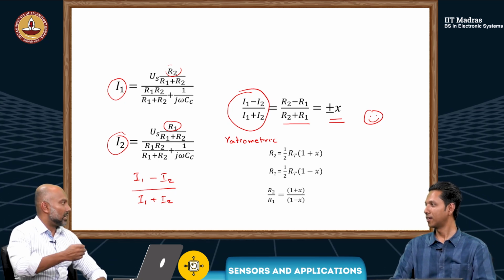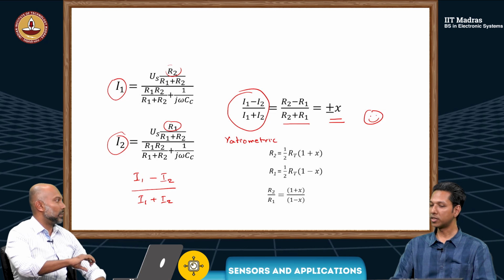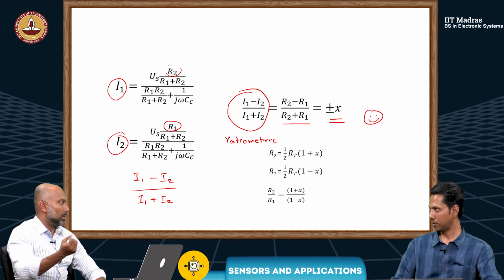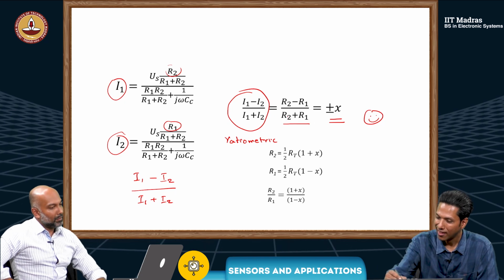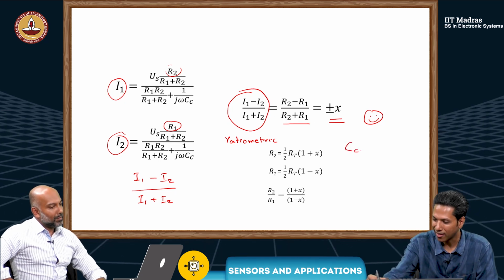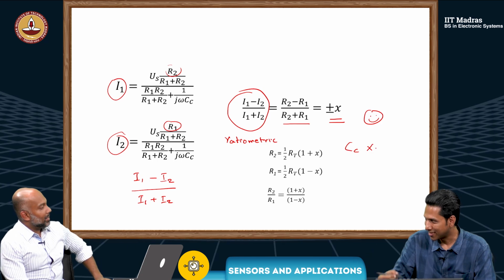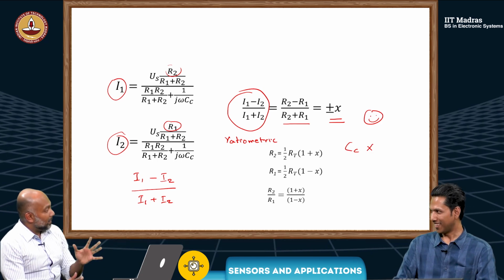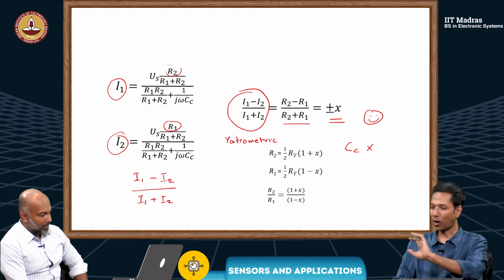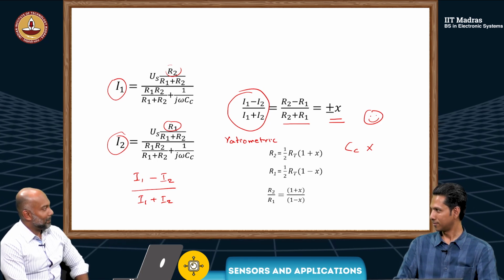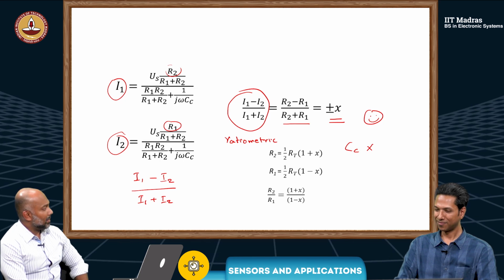It has to be much faster than the speed at which the wiper is moving. Now you must be happy because this doesn't have any Cc component. The capacitance Cc is not seen, so the absolute value of Cc is not there in the output. That's also a nice way.